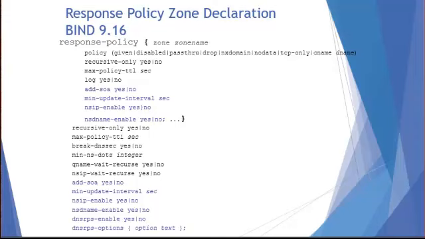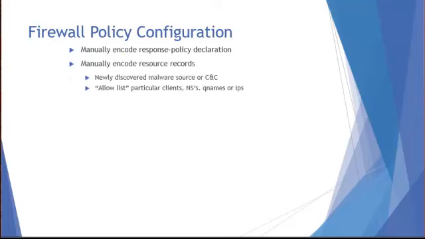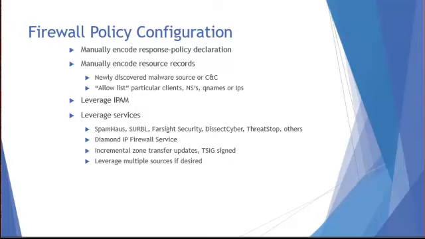So you can see this is a rather complex statement block within your zone file, so be careful when you're configuring that. But certainly to help you, you can either do this manually using that response policy declaration, as well as all the individual resource records. You can also leverage an IPAM system that we happen to provide to help you with that, and we'll take a look at that in a second.